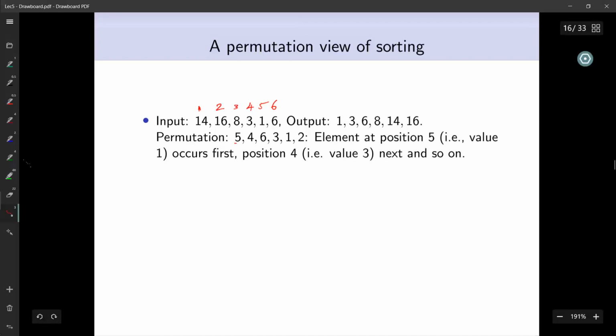let's take that example, just to understand. Say 14, 16, 8, 3, 1, 3. Let's write down the sorted permutation. The first least element is at position 5. I am only writing the permutation for now. So the first element should be 1, which is position 5. Let's mark the positions also so that it's easy to read.